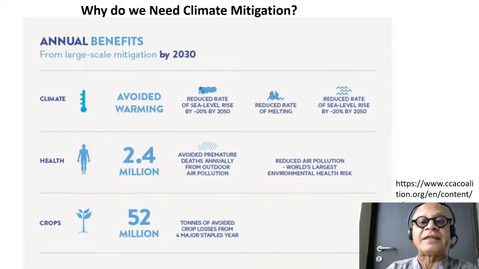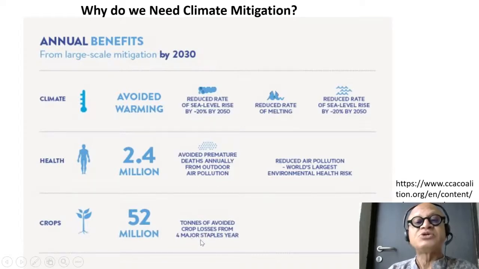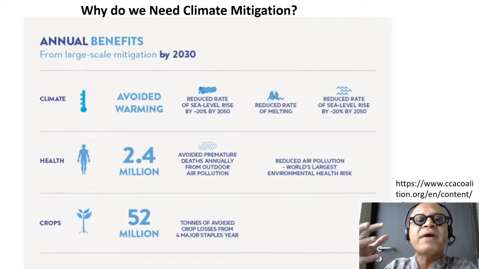The labor loss, productivity loss, and so on. Okay, crops: 52 million tons of avoided crop losses from 4 major staples per year, like rice, wheat, corn, and I think soybean, maybe. We can look that up. So these are the co-benefits.